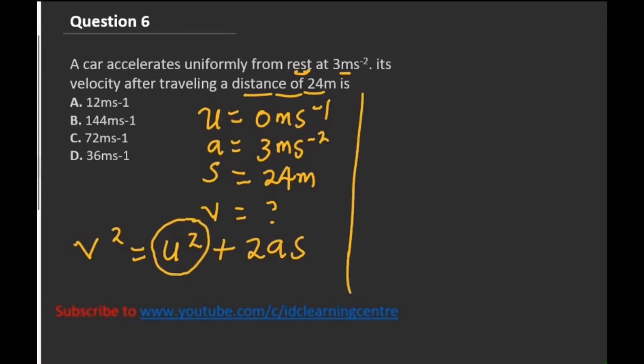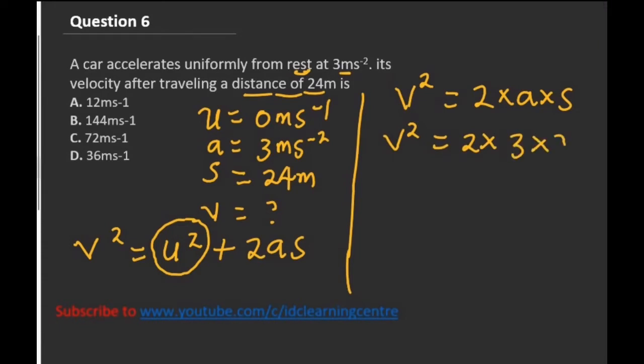So, we are going to be left with v squared equal to 2 times acceleration times x, which is the distance. So, v squared equal to 2 times acceleration, 3, times distance, 24. V squared equal to 2 times 3 is 6. 6 times 24 will give me 144.